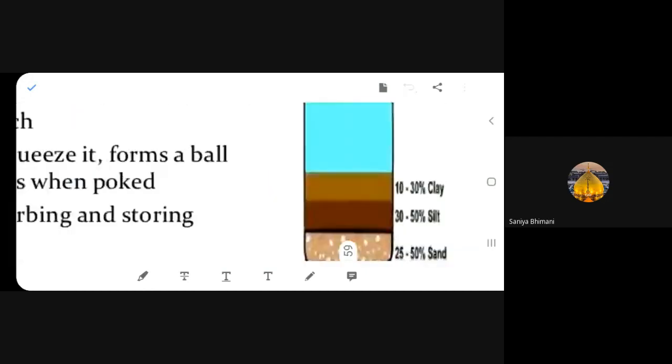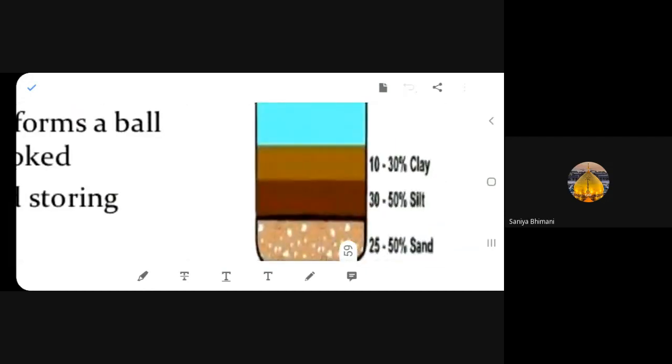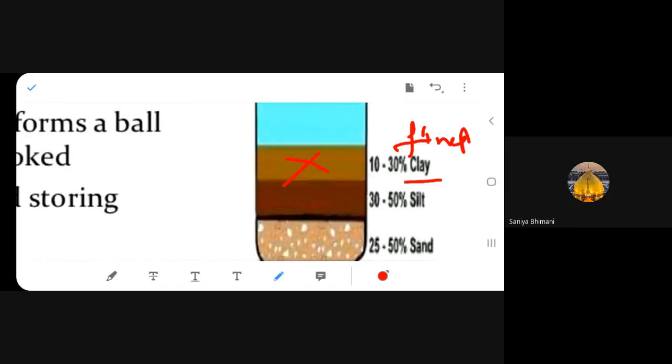Can you see over here? What is first? Clay, the finest particle. This we do not use for agriculture purpose. Then what we have? Silt, a combination of clay and sand.